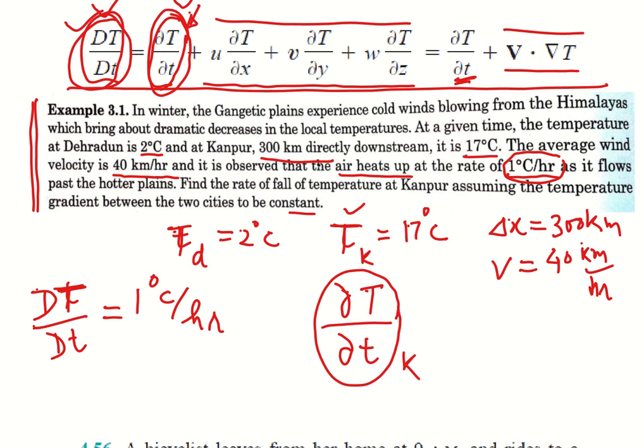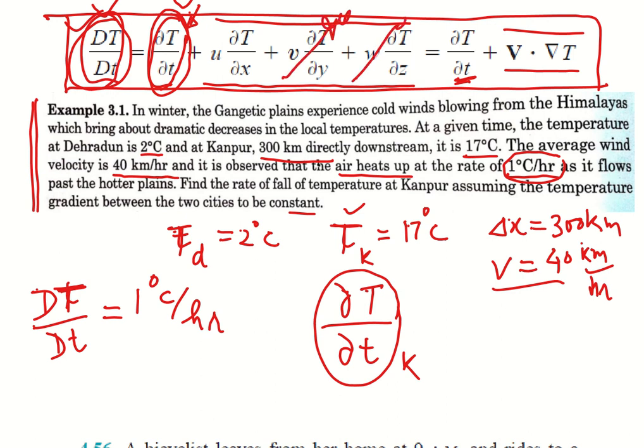So now you have this equation. This is the equation which we have to invoke. So here this is given, this is given, this is to be calculated, and only one-dimensional velocity is given. So this may be put as 0, this may be put as 0.